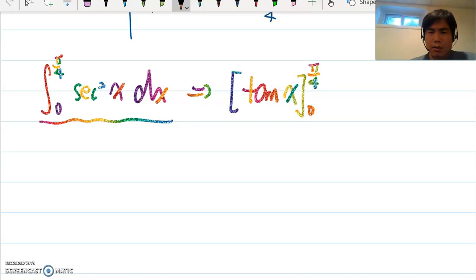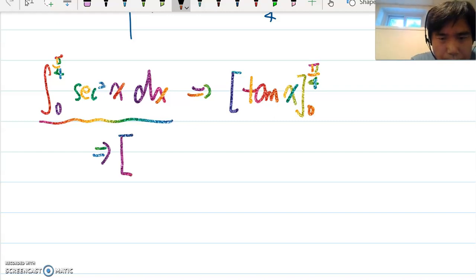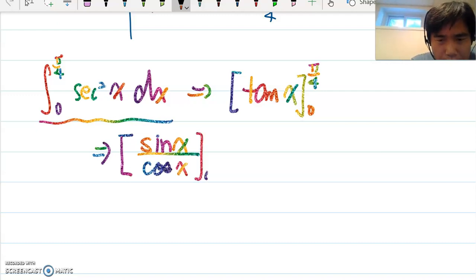Of course, we could just input 0 and get the value automatically, but sometimes it can be confusing. So I'm going to rewrite tangent as sine and cosine. This becomes sine x over cosine x from 0 to pi over 4.